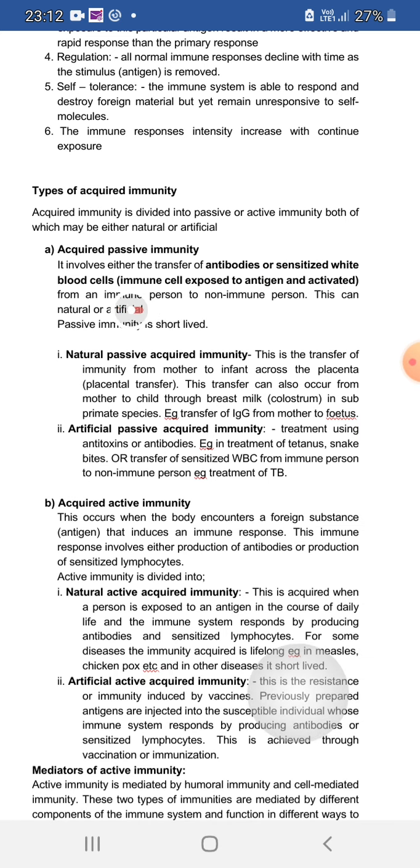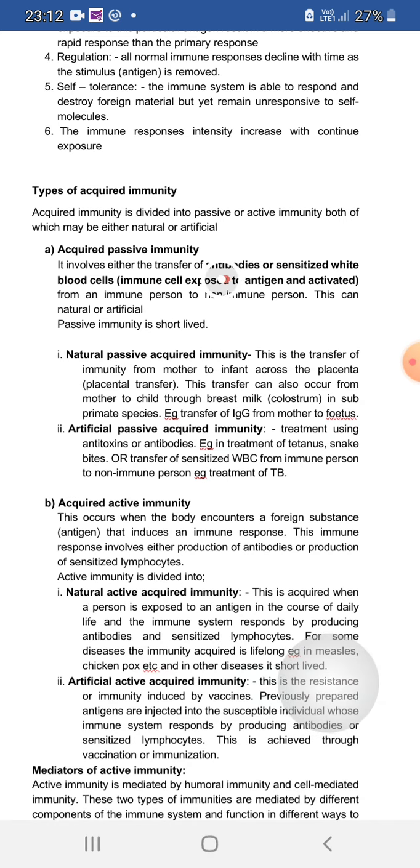So this is a case where the immune person is used to make the non-immune person immune. You are susceptible to diseases, but you can be made unsusceptible by transferring the immune substances from the person who is not susceptible. That's what we are talking about here.